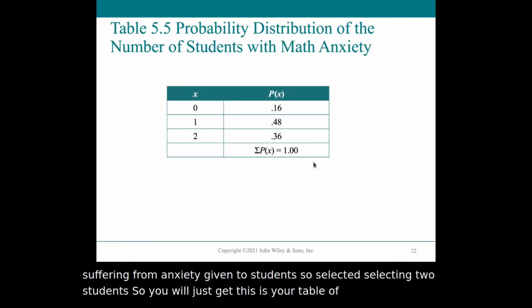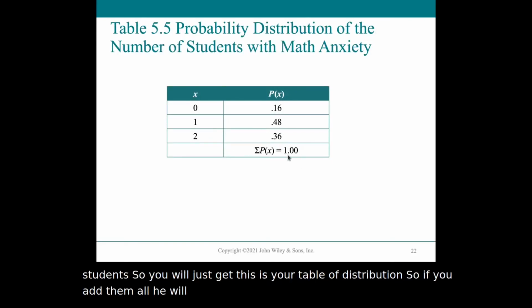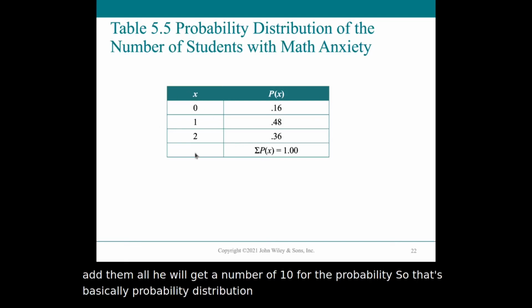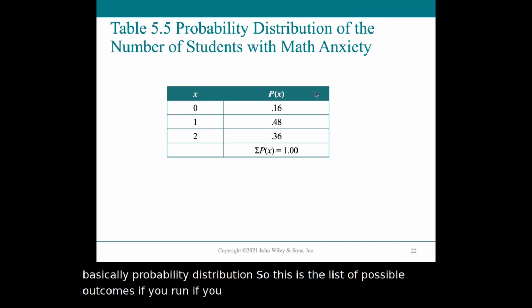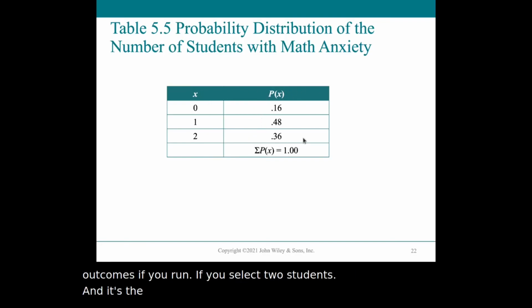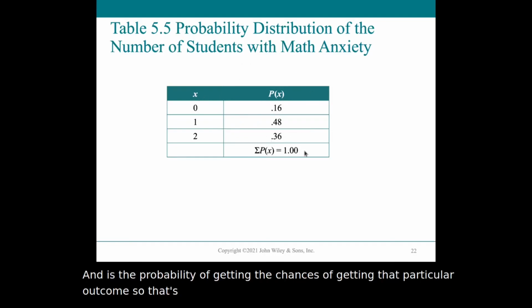If you add them all, you get 1.0 for the probability. That's basically a probability distribution. This is the list of possible outcomes if you select two students, and this is the probability of getting each particular outcome. So that's your probability table. This is your probability distribution.